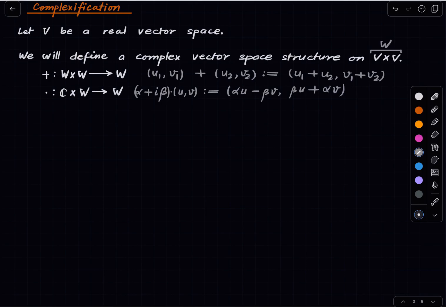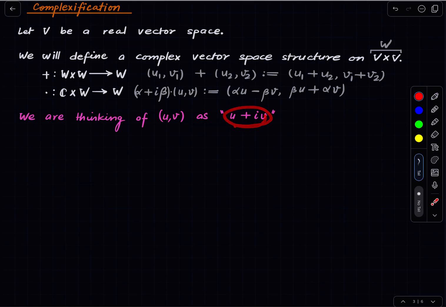So this seems quite mysterious, but let me explain. We are thinking of this ordered pair as this. Of course, this is not some formal object, but in our mind, we are thinking of this guy as that guy.